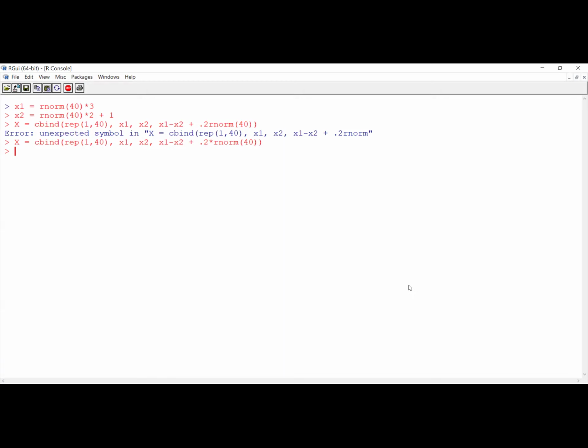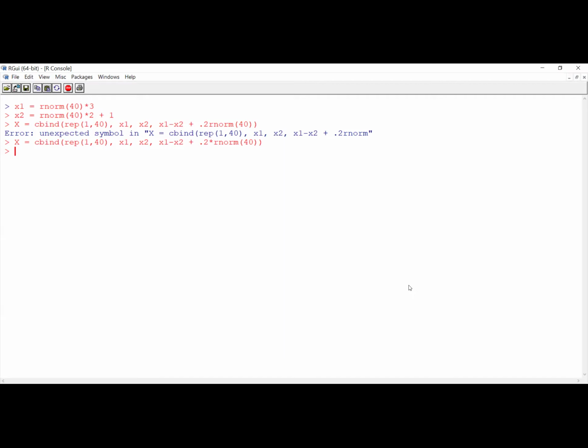It might not be perfectly correlated with X1 or X2 individually, but it's highly correlated with the combination of them, X1 minus X2. So those three seem dependent or close to dependent. There's that little bit of noise to make it so it's not perfect dependence.